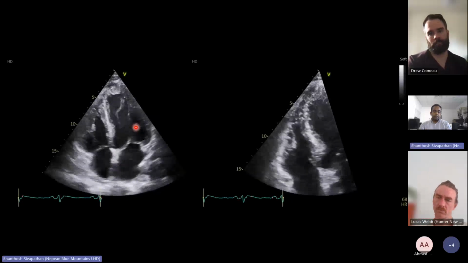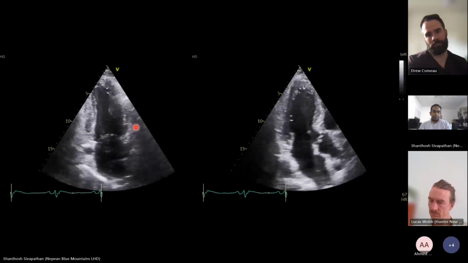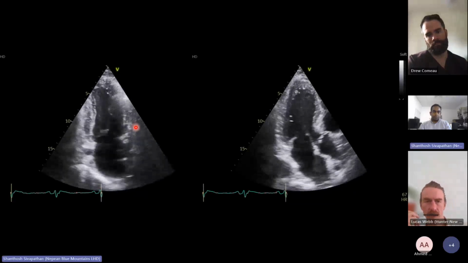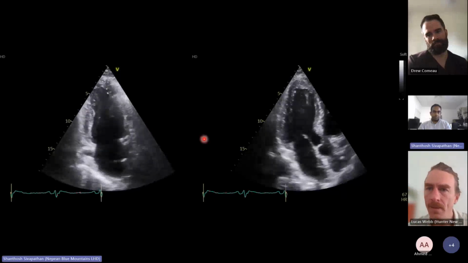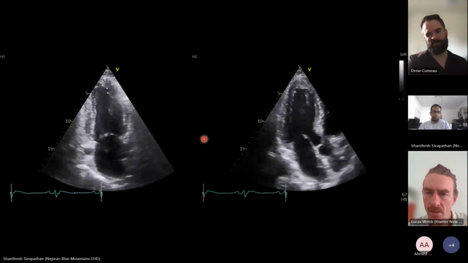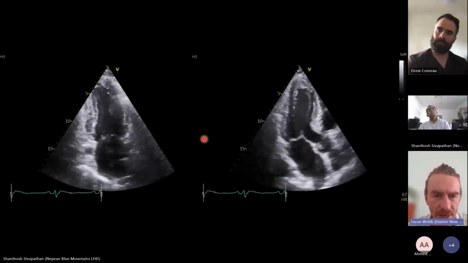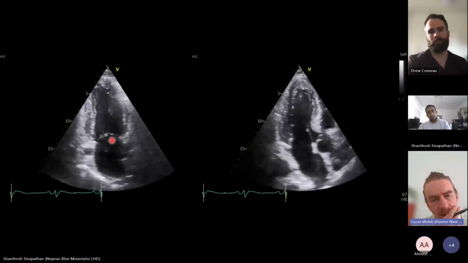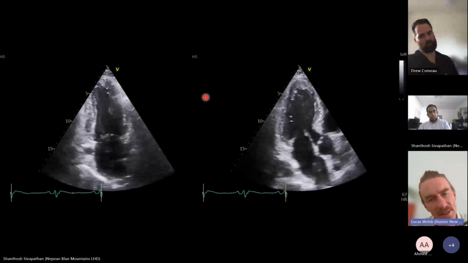And moving on. Anything there, Lucas? You can still see the SEC. Anything else that you would think? And the two. So looking at that 2 chamber, that's going to be showing me more of the anterior wall.